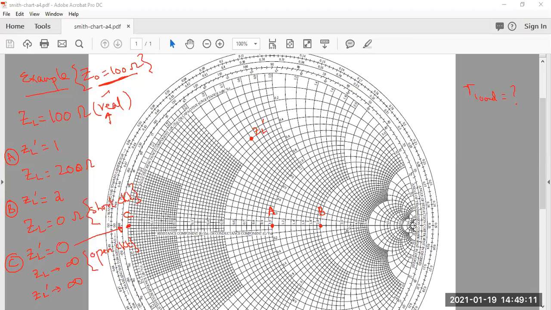This is 2, then 3, 4, 10, 20, 50, and then this point, which is at the extreme right of the Smith chart. Let me call this point D. This point represents an open circuit load, and it is going to be the location of any open circuit load.